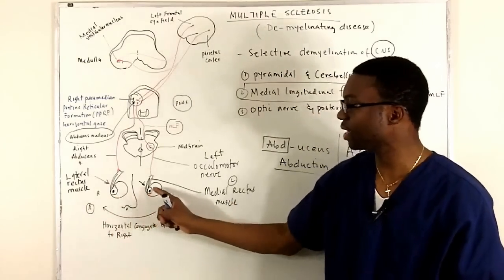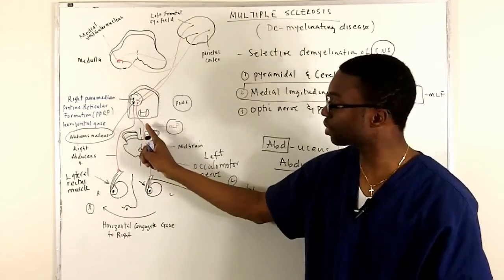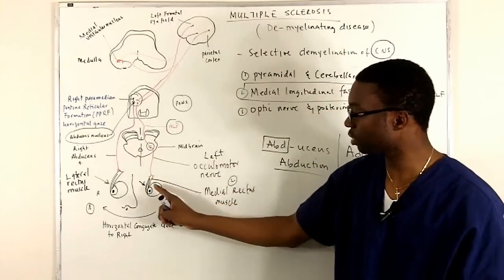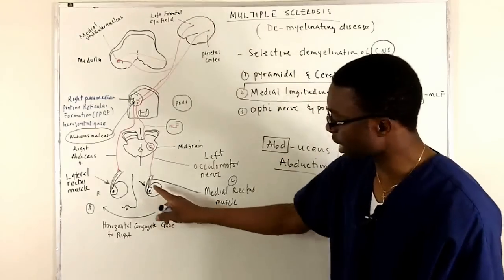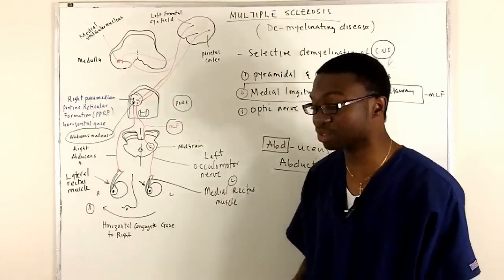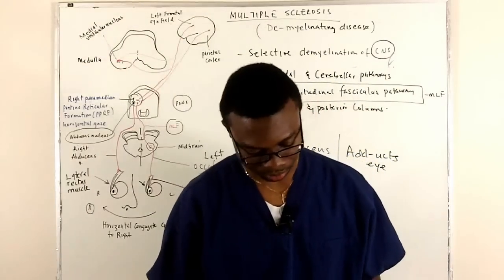I'm demonstrating that so that you can see that the MLF, the medial longitudinal fasciculus, is going to the midbrain, activating the left oculomotor nerve to activate the left medial rectus muscle for us to be able to adduct our eyeball.